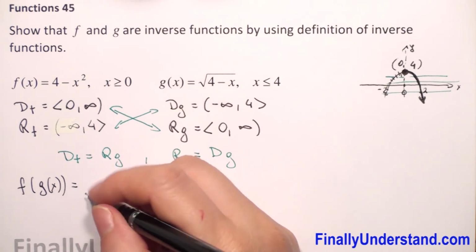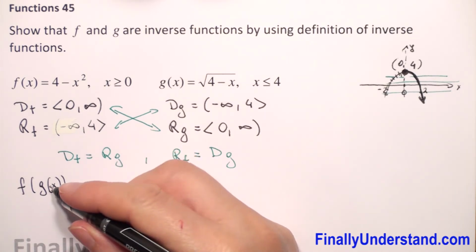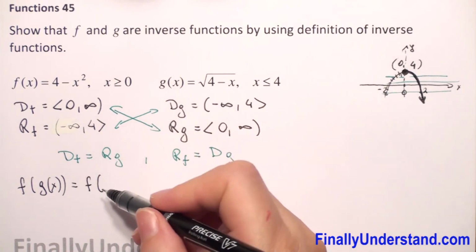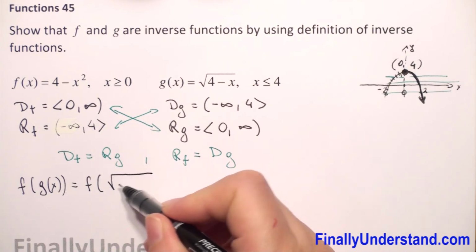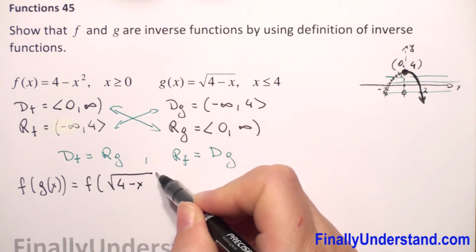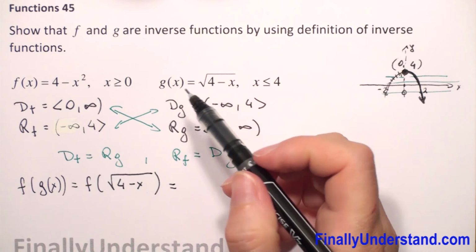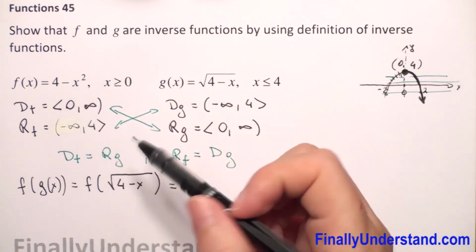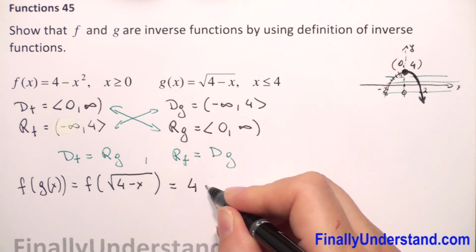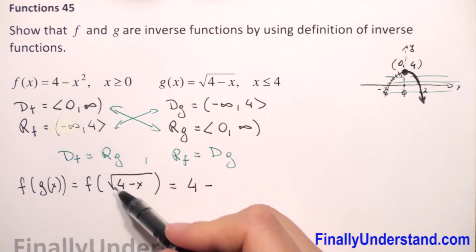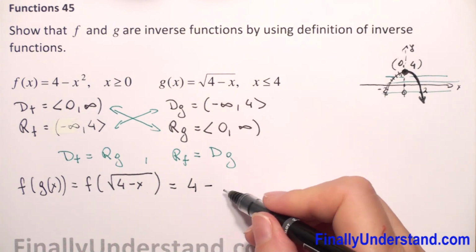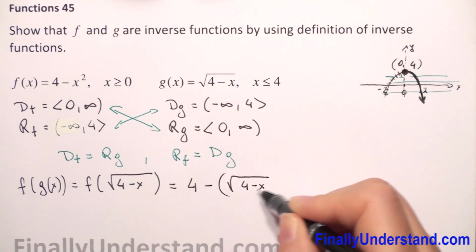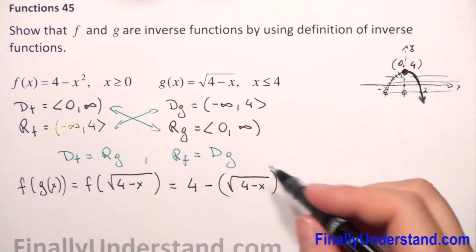So f of g of x we have to find first. f we copy, g of x we substitute by this expression, the square root of 4 minus x. So this is equal, and now we have to go to the formula of our f function. First we have 4, we copy, minus, and now x we substitute by whatever we have here in parentheses. So we have the square root of 4 minus x, we write in parentheses, to the second power.